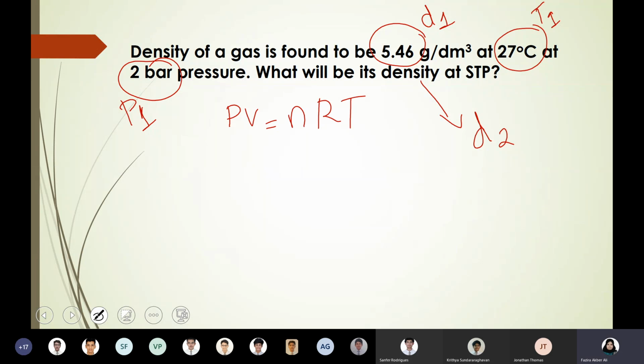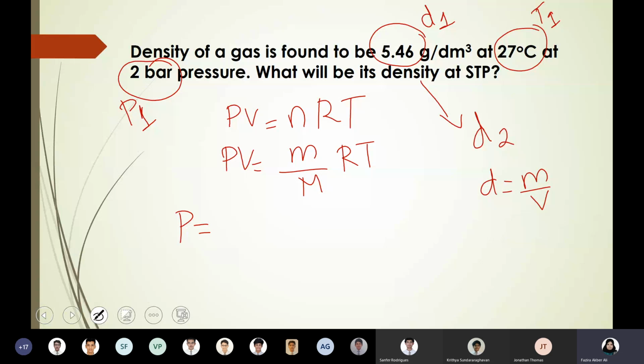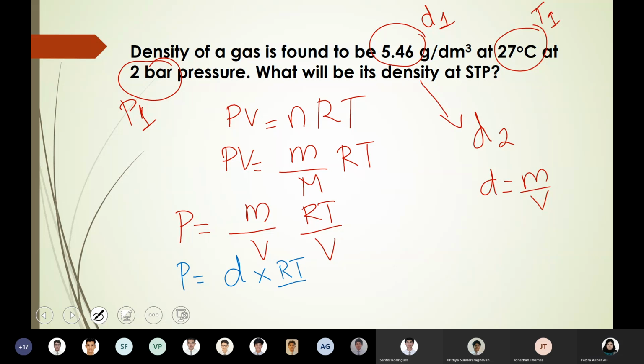So quickly, I'll just give you a hint so that you can start. PV is equal to nRT, or you can say PV is equal to mass by molar mass into RT. And you know that density is equal to mass by volume. So if you take volume to the other side, pressure is equal to mass by volume and RT by molar mass. That means you can write it as pressure is equal to density multiplied with RT by M.